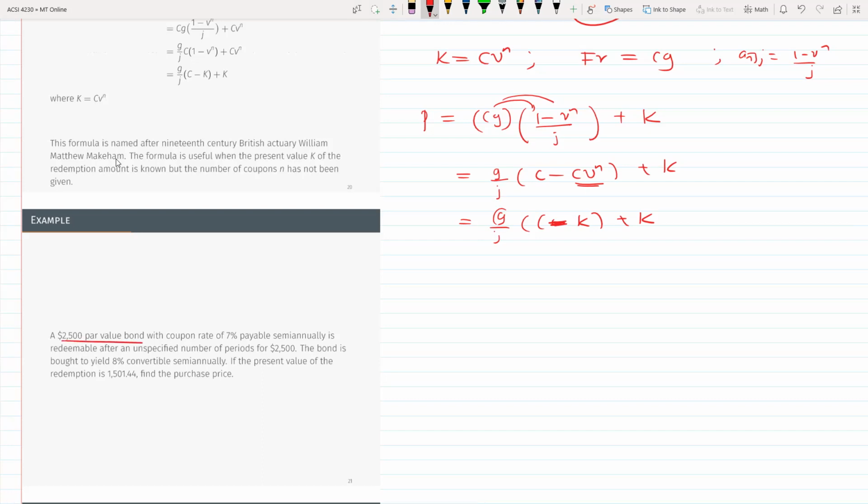A 2500 par value bond with coupon rate 7% payable semi-annually is redeemable after an unspecified number of periods for 2005. By the way, another thing, we still don't need the N. Number of coupons N has not been given. When that happens, this formula is very nice. The bond is bought to yield 8% converted semi-annually.